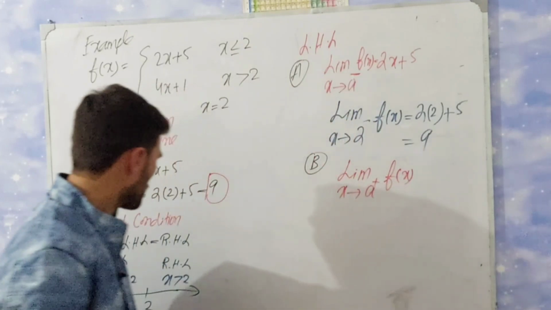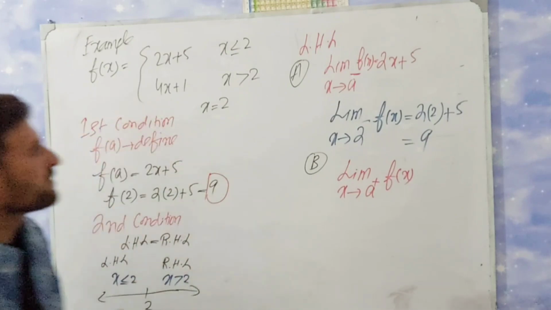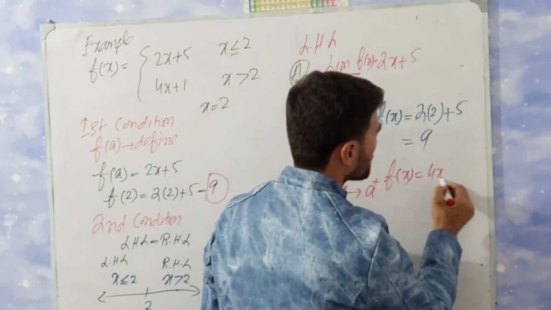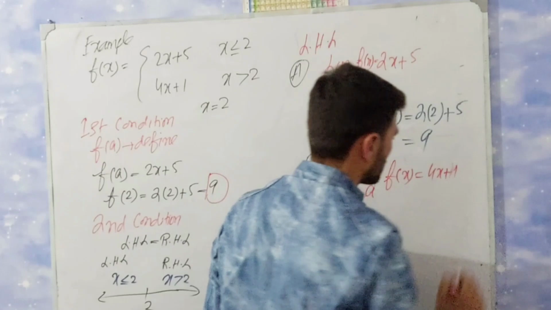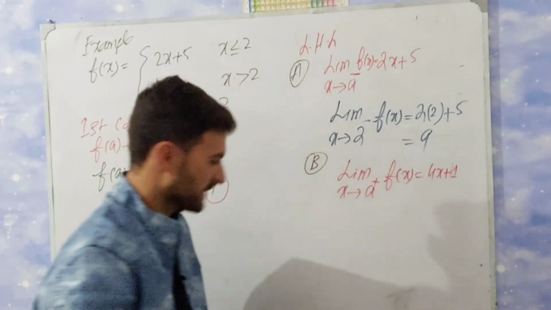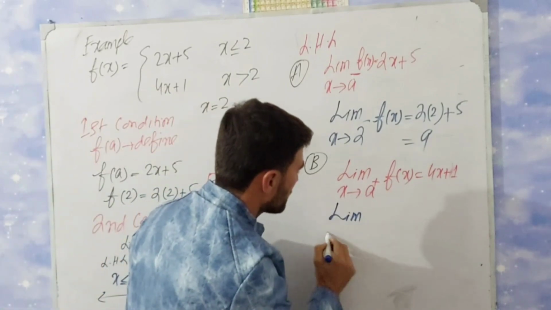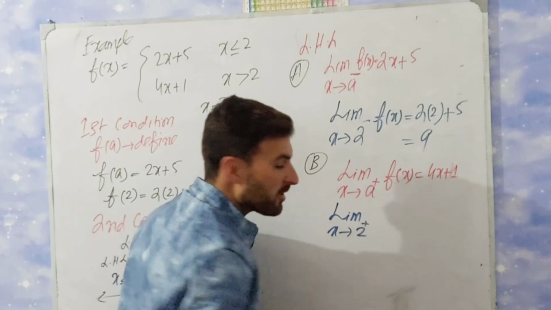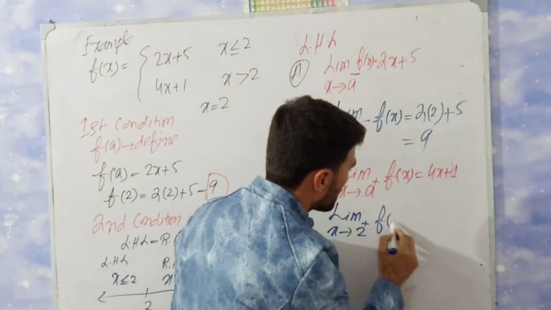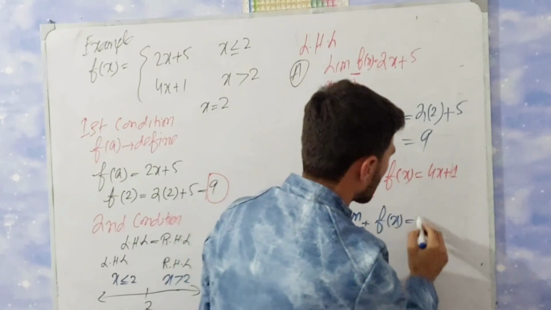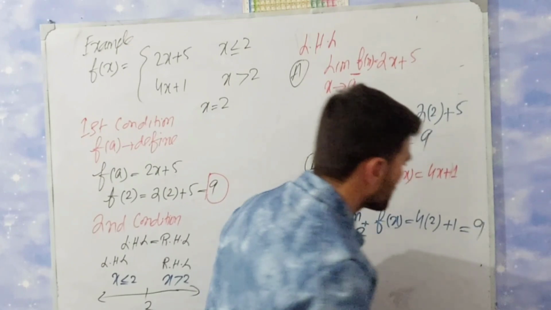Which value should we take? We have already written that on this side x is greater than 2, so we take 4x plus 1. Limit x tends to 2 from the right hand side of f of x is equal to 4 times 2 plus 1, which is equal to 9.